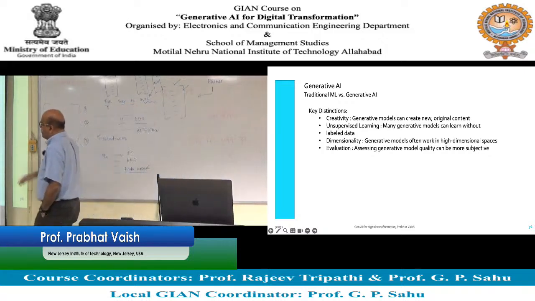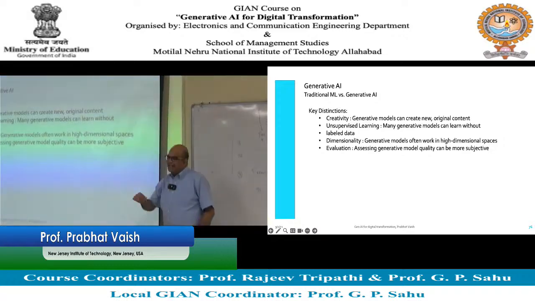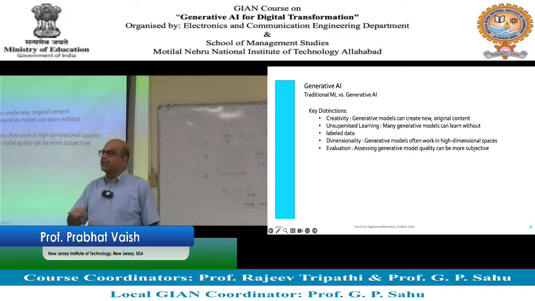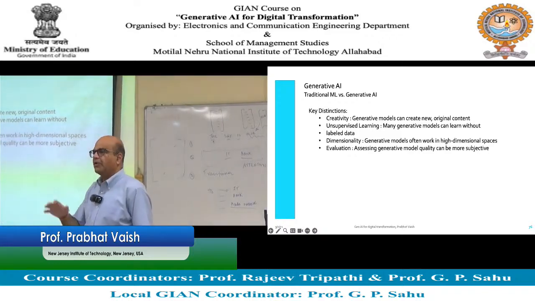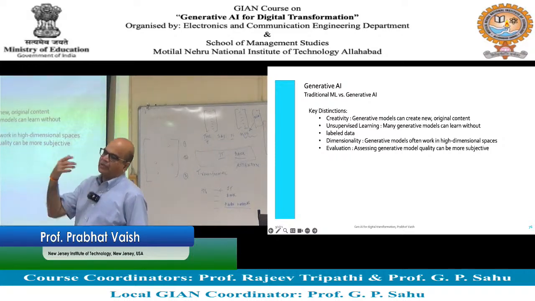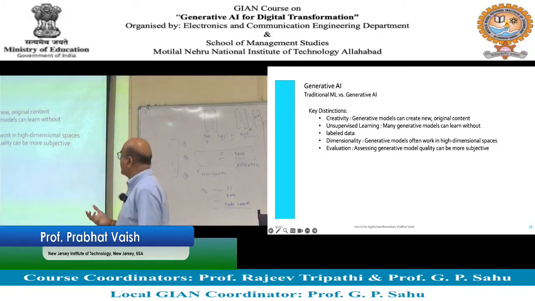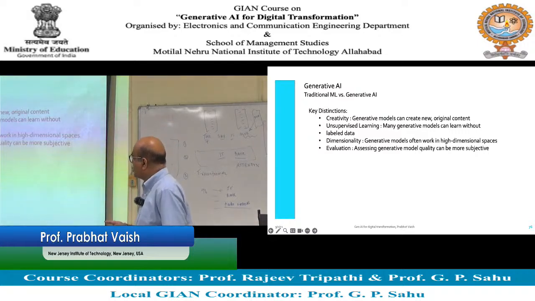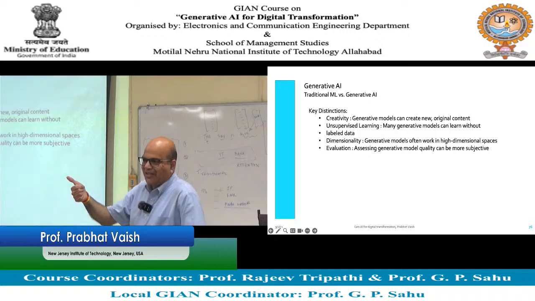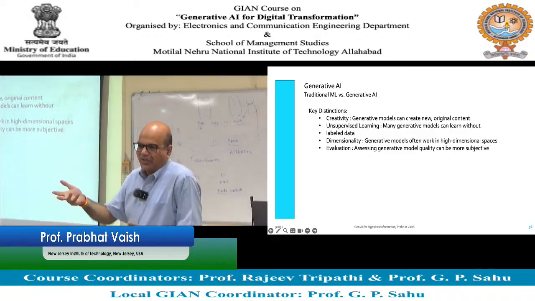Dimensionality. Now, I have mentioned this earlier also. In typical machine learning, the focus was always on reducing the dimensionality. We were always trying to reduce the dimensions of data we are dealing with, because that's what makes the mathematical modeling easier. If you're trying to do regression analysis, the focus is whether we can get a linear regression function or a quadratic or polynomial function.